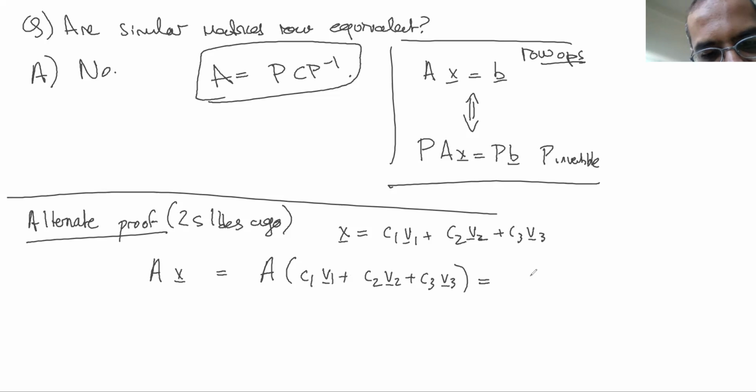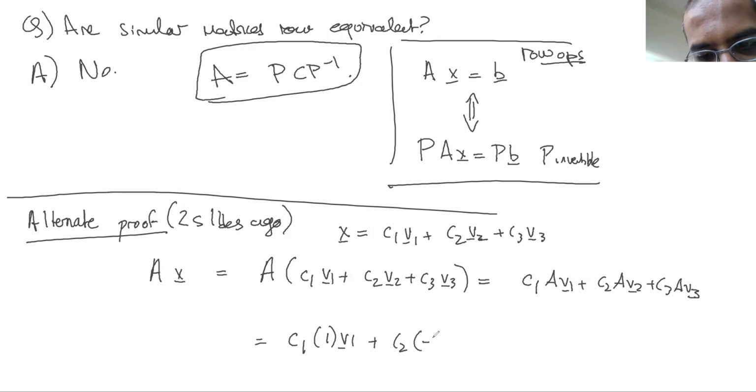So now by linearity, you get that this is C1 A V1 plus C2 A V2 plus C3 A V3. But now you use the eigenvector equation to turn these into scalars. So it's C1 times 1 times V1 plus C2 times minus 2 times V2 plus C3 times minus 2 times V3.